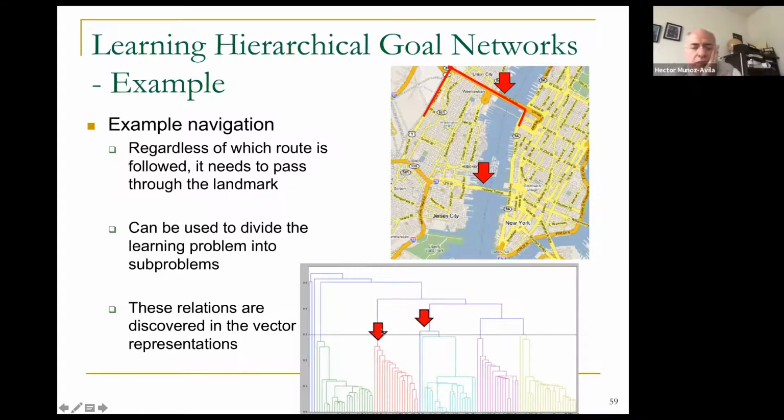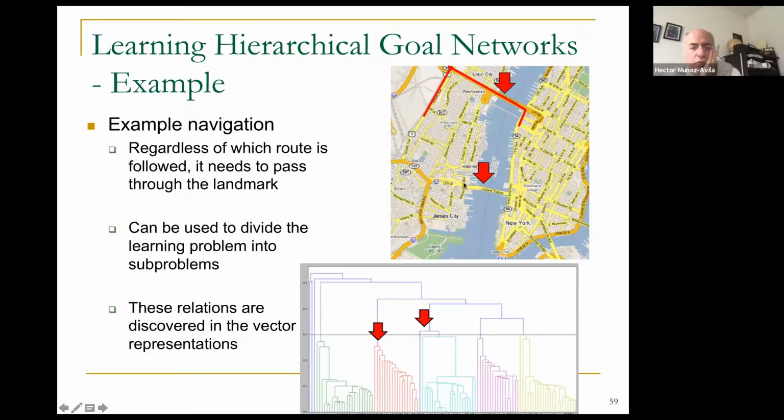You run a clustering algorithm. In this example, all these locations in Jersey City are grouped together because they co-occur very frequently. All of these locations in Manhattan near the Holland Tunnel are also grouped together because they occur frequently. So you have these two clusters.